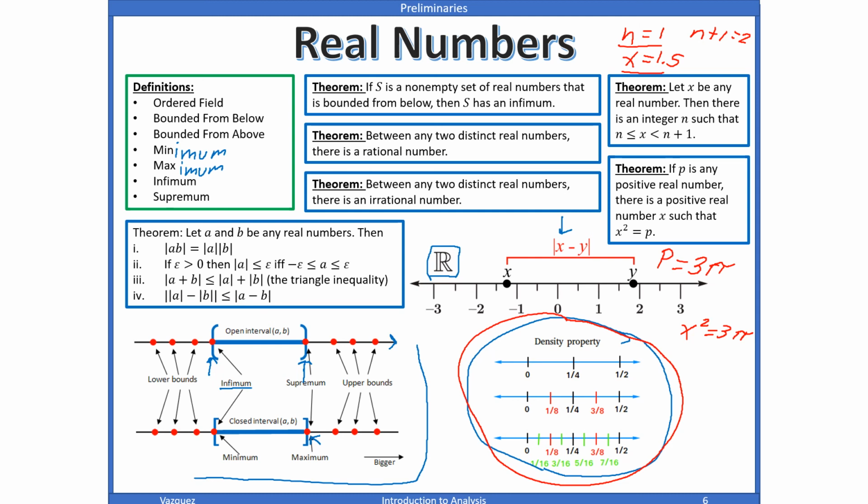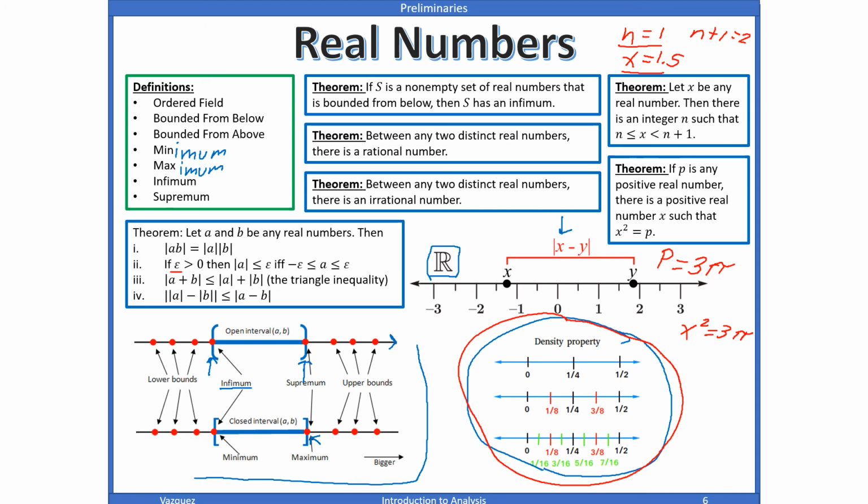And finally, we have our last theorem here. We let a and b be any real numbers, then the absolute value of the product is equal to the product of the absolute values of each individual one. Here, in the second one, this is a variable epsilon. Epsilon, we use it in analysis. We tend to use it for an arbitrarily small real number.